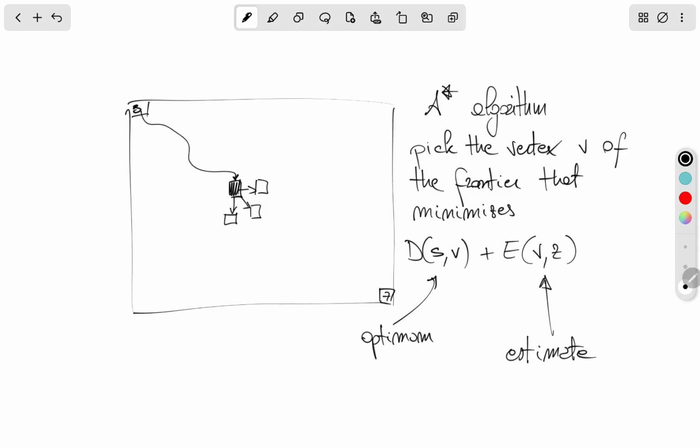So I'm picking the vertex that minimizes that sum.